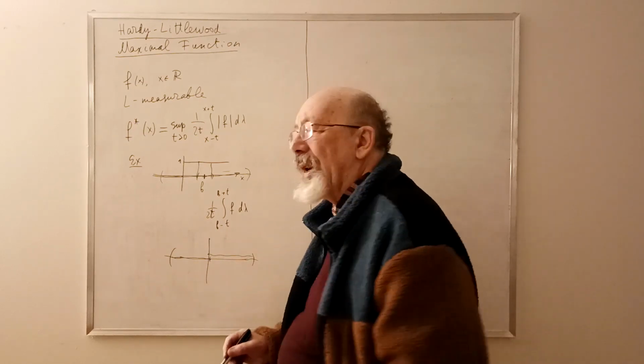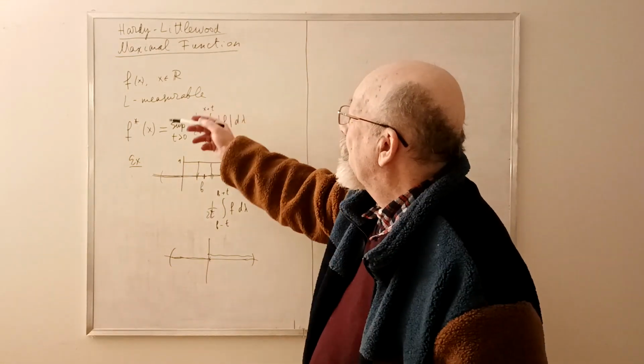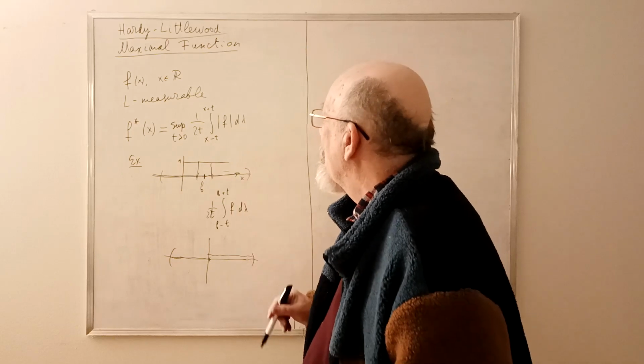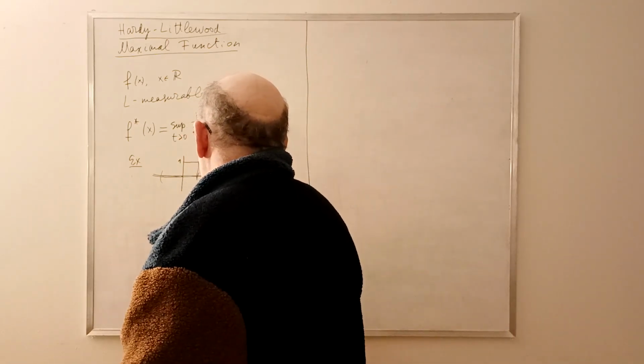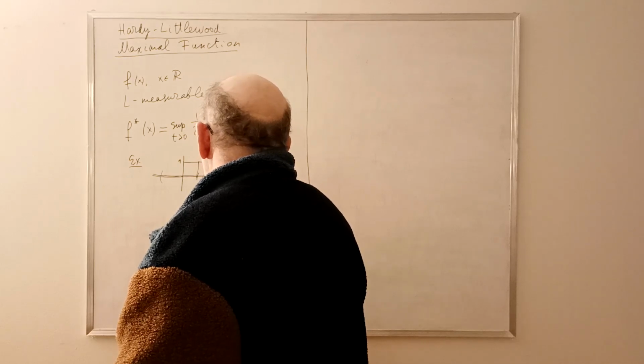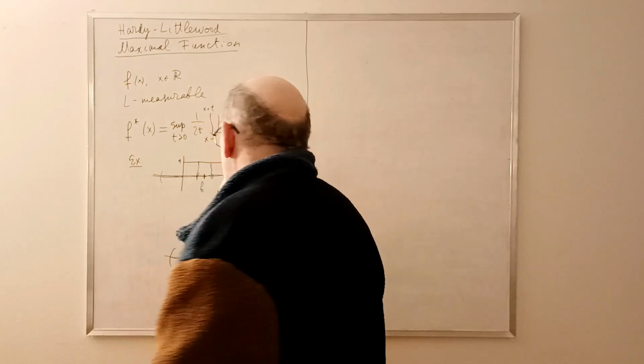And so the mean value goes to 1/2. So if you follow this definition, then f star of b equals 1/2 for any b.